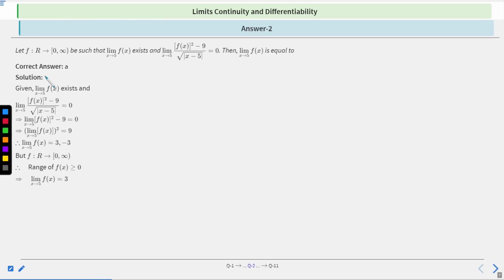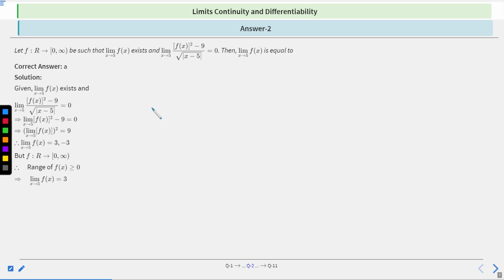Okay, let's move to the solution part. Given the limit as x tends to 5 of f(x) exists, and the limit as x tends to 5 of (f(x) squared minus 9) upon root over |x minus 5| is equal to 0. This implies the limit as x tends to 5 of f(x) squared minus 9 is equal to 0, right?